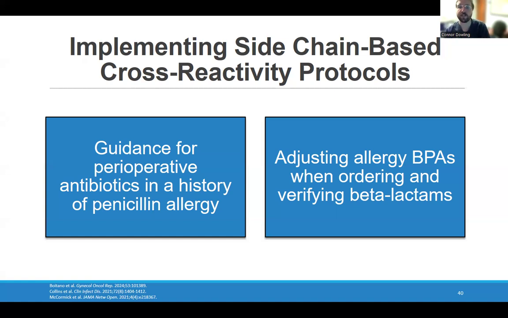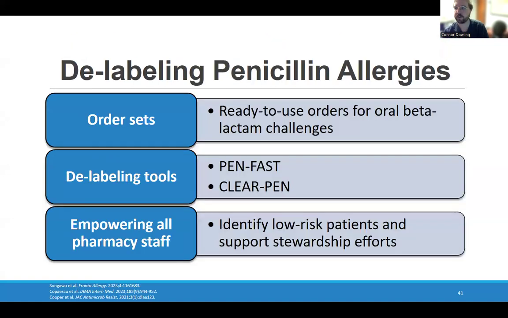But beyond what we can do protocol-wise, we can also look to have different ways to delabel our penicillin allergies. This can be done through a few different tools. Our first tool is order sets.